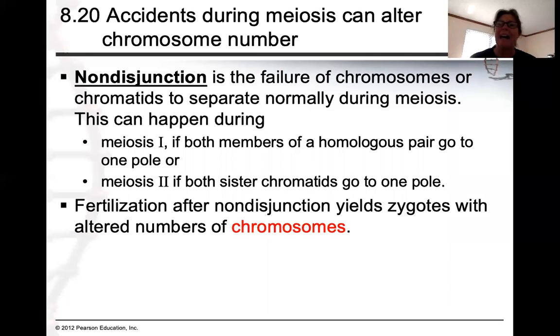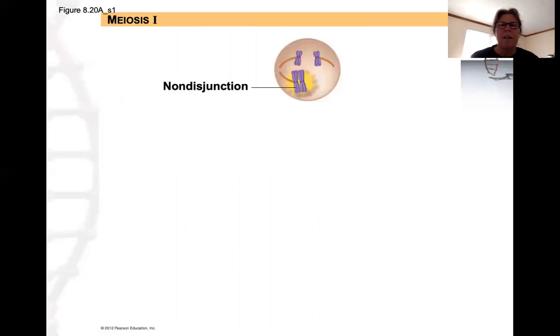Either way, if that egg or sperm does not form properly, and that egg gets fertilized by either a healthy or a wrong number sperm, you're going to have a child with Down syndrome, or that egg itself could be not properly made. Either case, you can have Down syndrome. That is the father's fault too, but in most cases it is the mother.